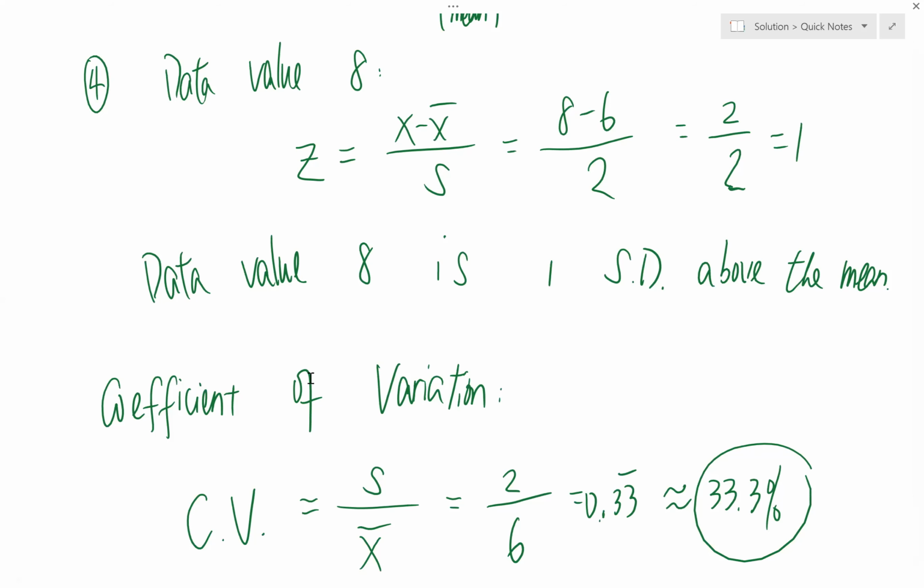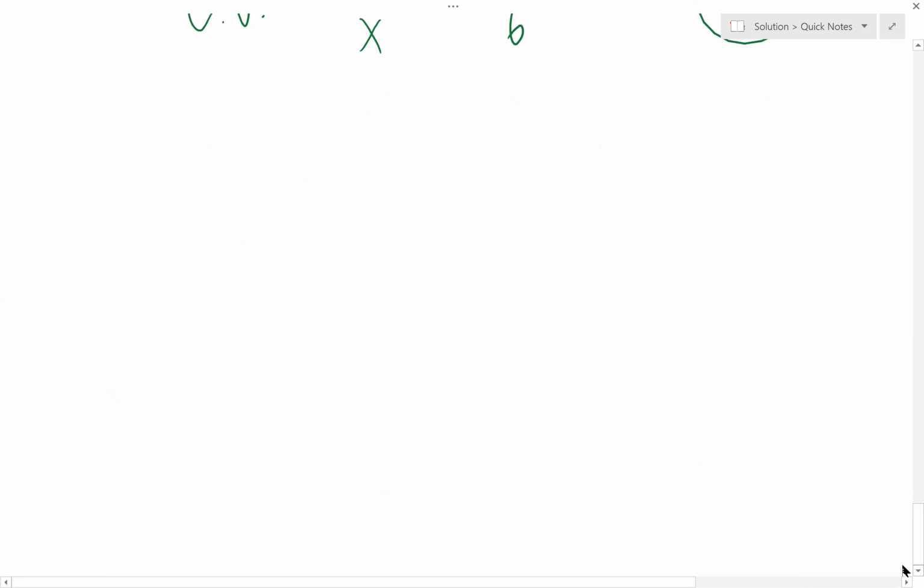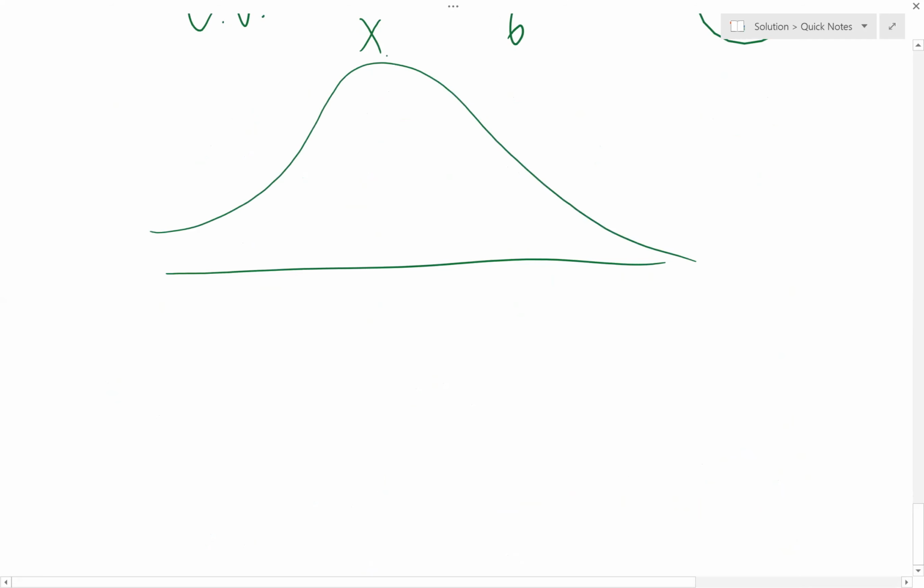And also typically, let's say this is a bell curve, and this is the center. The mean is the center. And let's say this is 2 standard deviations. This is the mean, x bar. X bar plus 2s is 2 standard deviations above the mean.